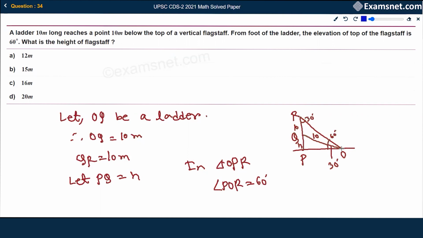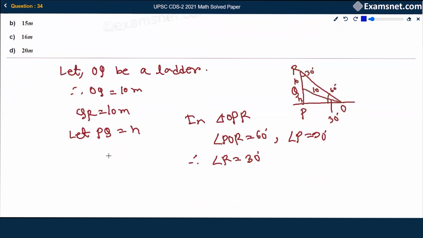This is the foot of the ladder at point O. The elevation of the top of the flagstaff is 60 degrees. And since it is a right angle triangle, angle P is 90 degrees. Therefore, we can write angle R is 30 degrees.